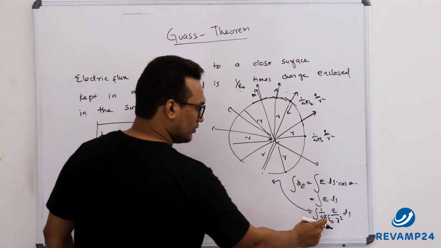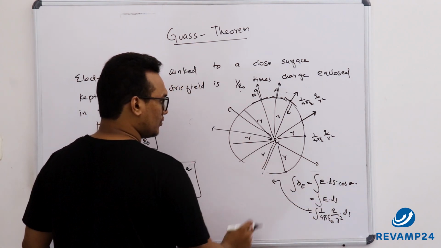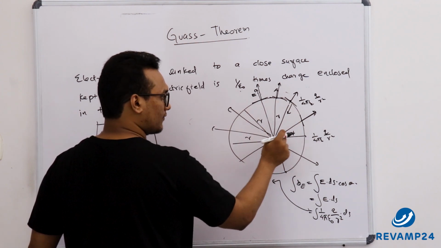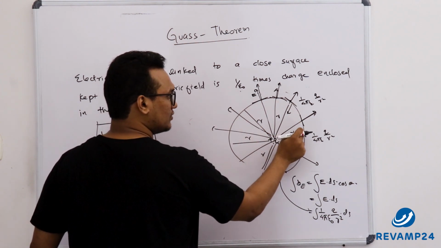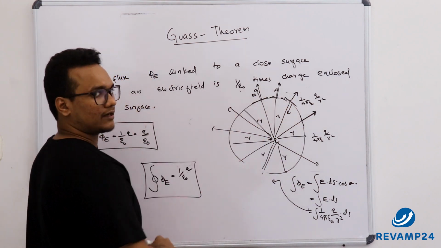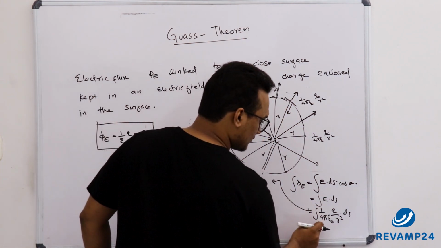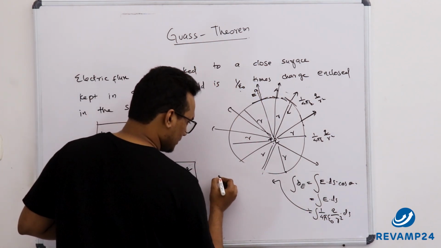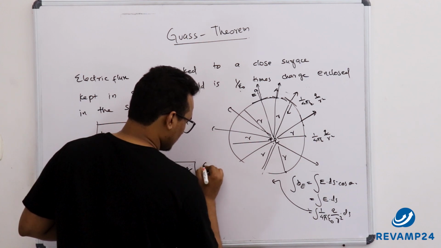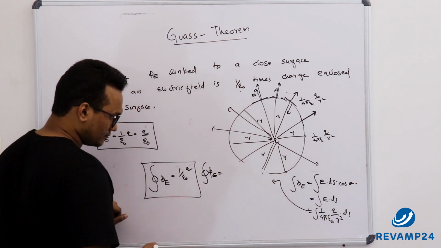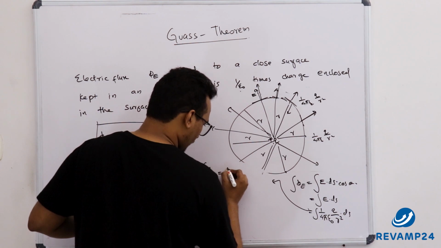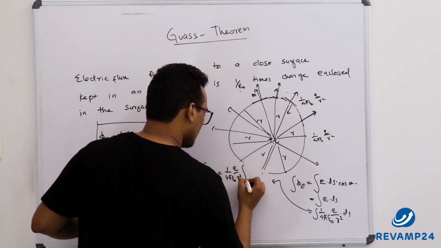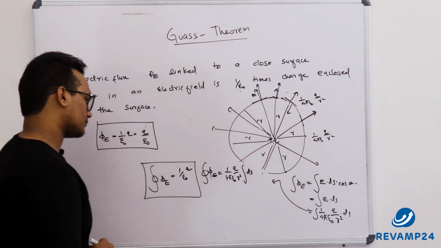See, this value is the same everywhere, right? It's the same Q, and the distance from the source charge Q to any point on the closed surface is the same everywhere, three-dimensionally. So I can take 1 by 4 pi epsilon 0, Q and R outside because all these are constants. So the total flux of the closed surface is equal to 1 by 4 pi epsilon 0, Q by R square, and the integral of ds.